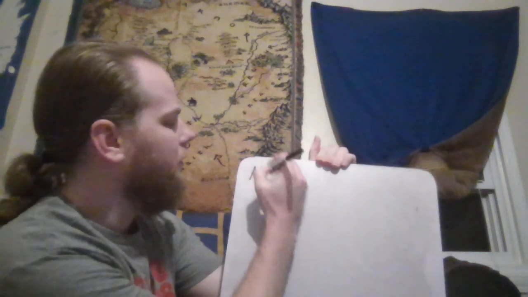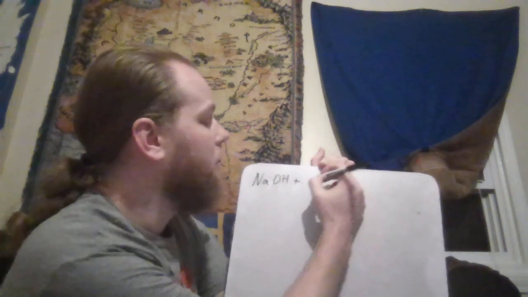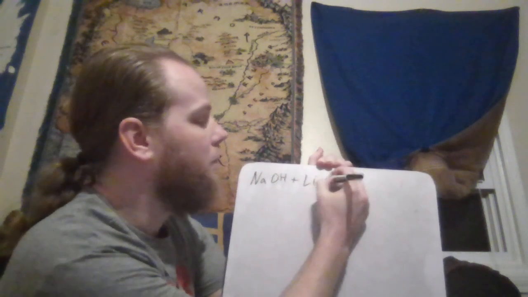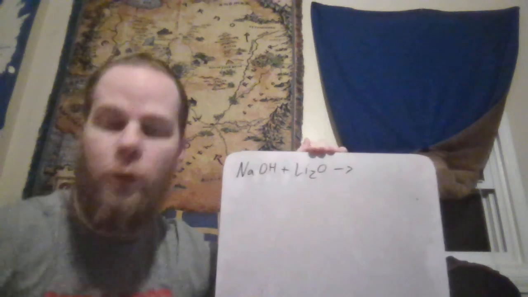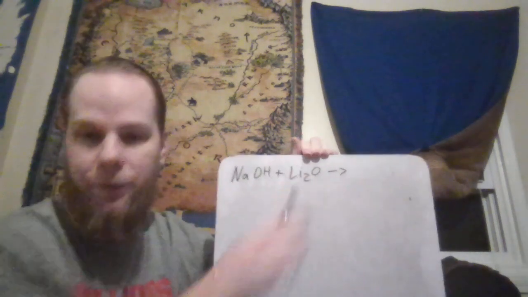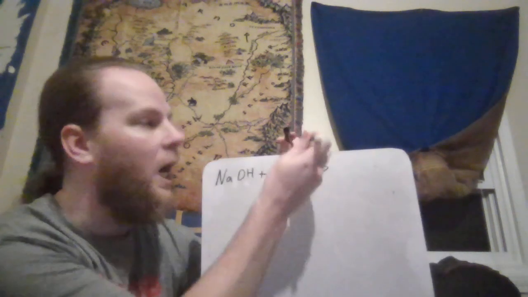Alright, so we are given, number 1 on this worksheet, the reactants of NaOH plus Li2O. And we need to split these 2 compounds up into their constituent ions.